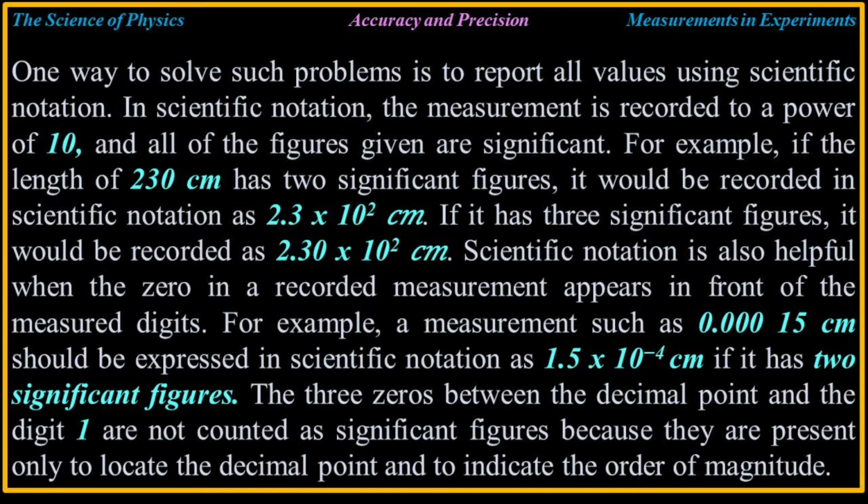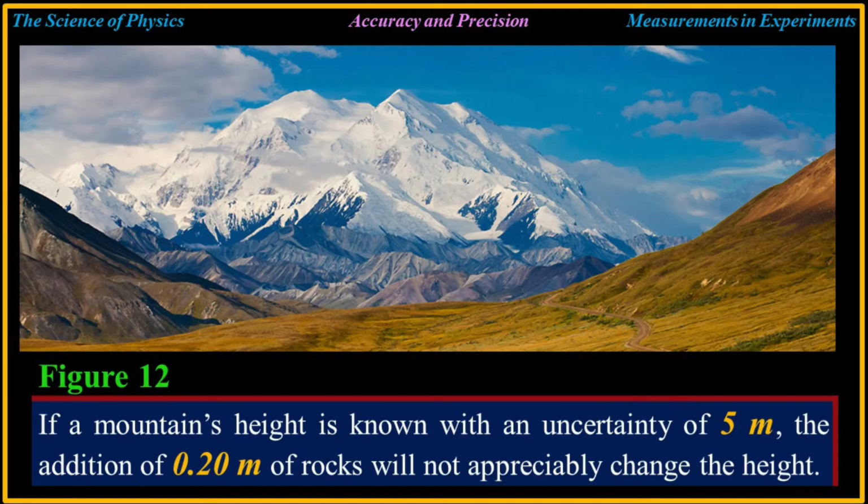The 3 zeros between the decimal point and the digit 1 are not counted as significant figures because they are represented only to locate the decimal point and to indicate the order of magnitude.